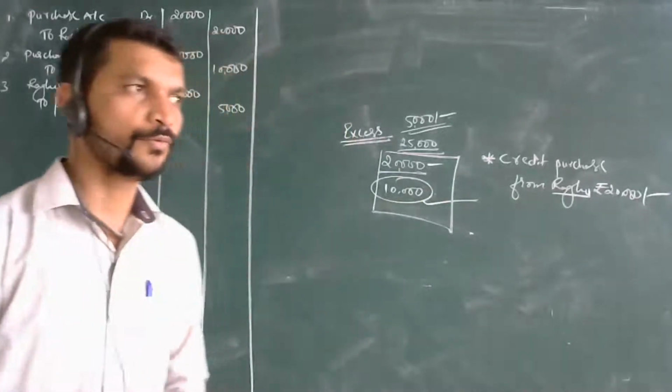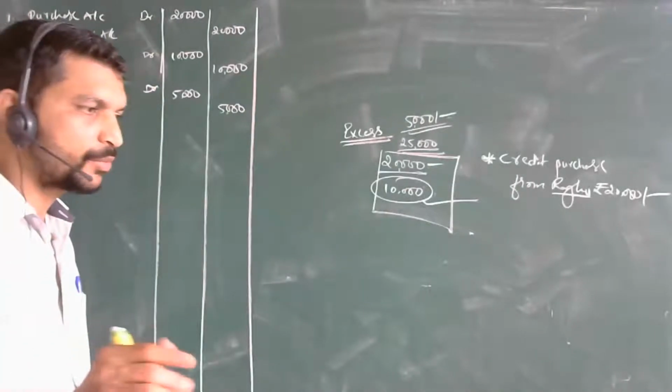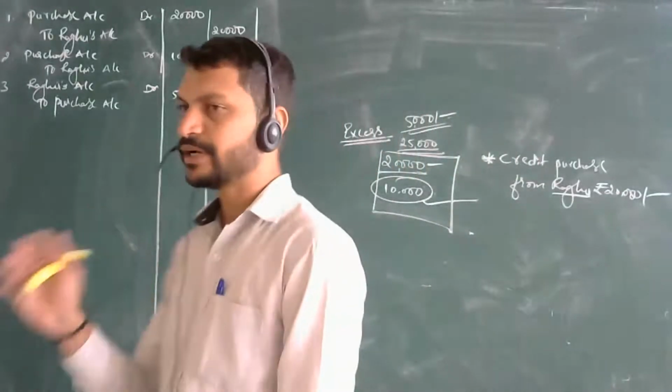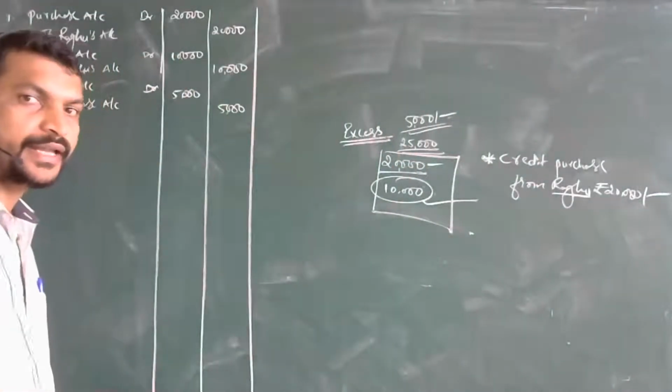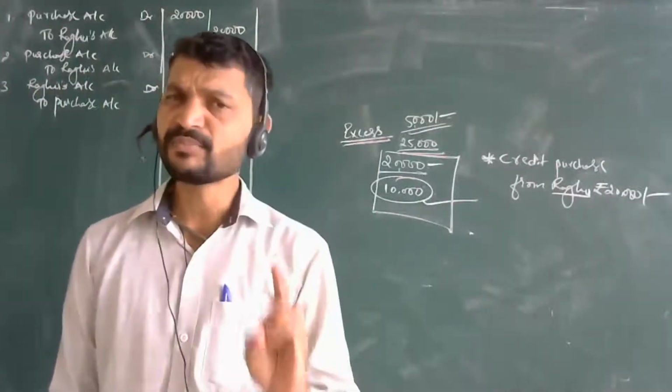Which kind of error do we get? Sir, errors of omission. Omission means partial omission. Right, you are right. If it is completely not recorded, it is an error of omission, that is complete omission. If it is recorded in the journal entry but not posted, it is a partial omission.